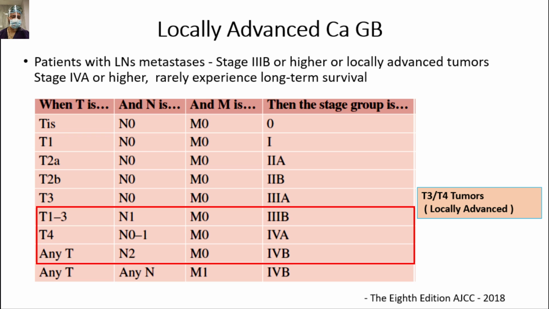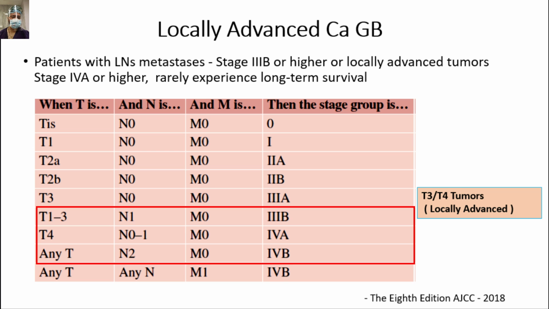Friends, any tumor with lymph node metastasis will be locally advanced. So a T3 or T4 tumor with N1 staging is locally advanced, or any N2 tumor with 4 or more lymph nodes or extra-regional lymph nodes will be considered locally advanced.